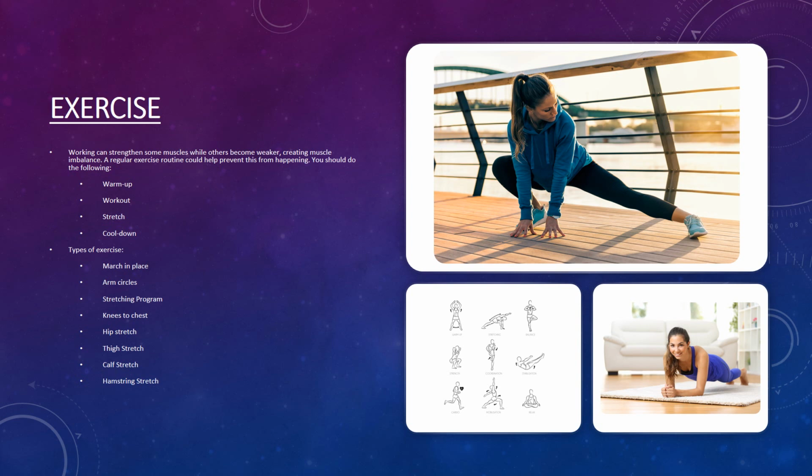Exercise. Working can strengthen some muscles while others become weaker, creating muscle imbalance. A regular exercise routine can help prevent this from happening. You should do the following: warm up, work out, stretch, cool down.